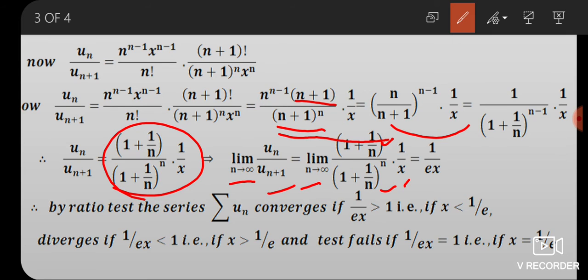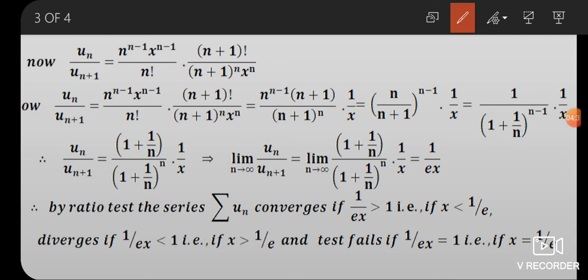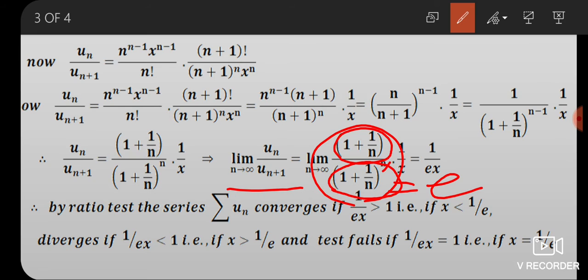As n goes to infinity, 1 upon infinity tends to 0, and we know that limit n goes to infinity 1 plus 1 upon n to the power n equals e, and the value of 1 plus 1 upon n is 1. So finally the value of limit n goes to infinity un upon un plus 1 is 1 upon ex.